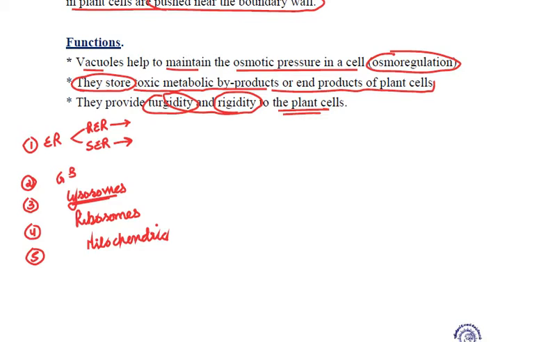Important things to remember in mitochondria: double layer structure, inner layer is deeply folded called cristae, helps in providing large surface area. Mitochondria contain strong oxidative enzymes. Mitochondria is called power plant or powerhouse of the cell. Mitochondria has their own genetic material. They have their own proteins, their own DNA, their own ribosomes. So this is quite important as far as mitochondria is concerned.